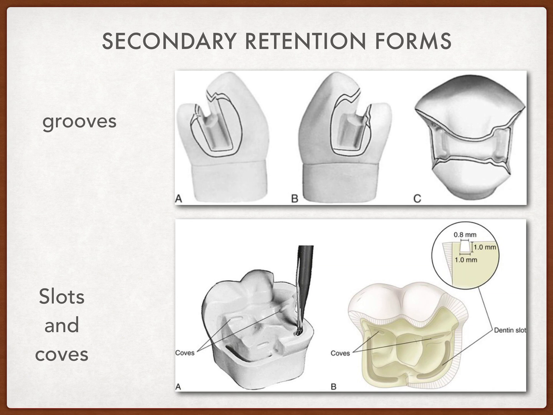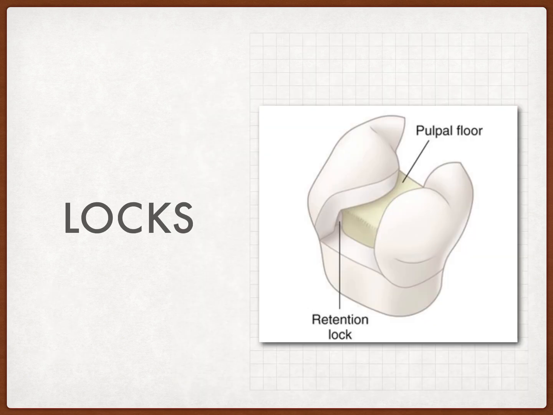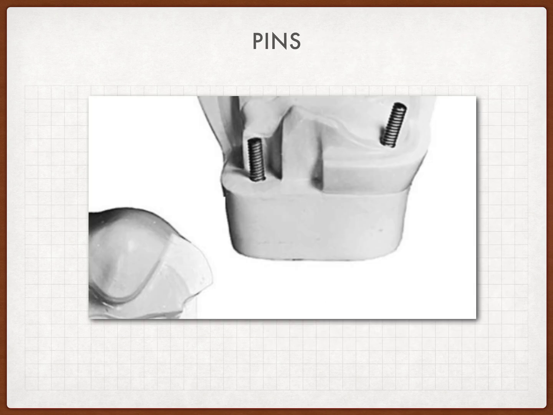We can see in this picture also the slots, horizontal things, and coves, also horizontal things that will retain the restoration, specifically in the compound restorations. It is very good. And this is the lock that I told you about. It is not continuous to the occlusal surface like the groove. And finally, the pins.